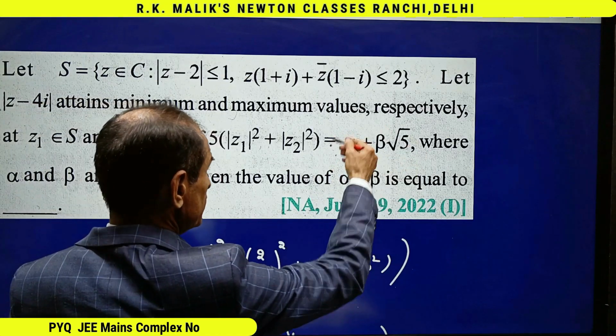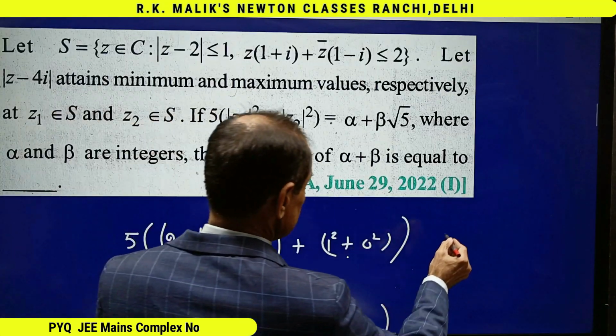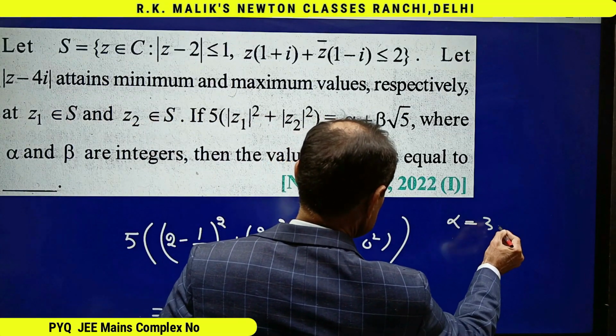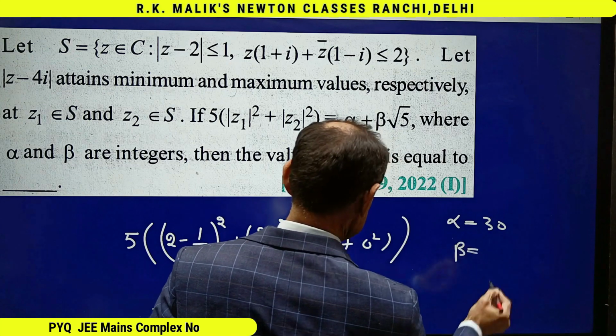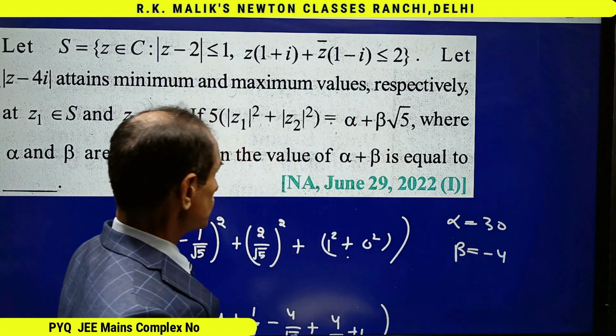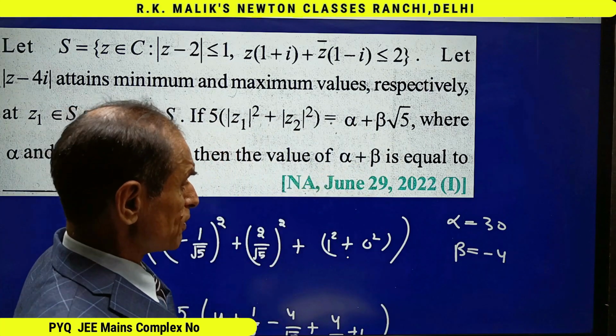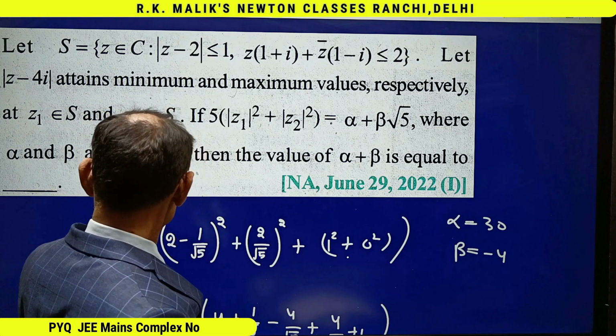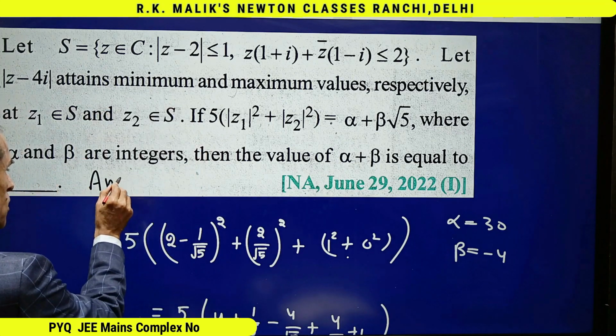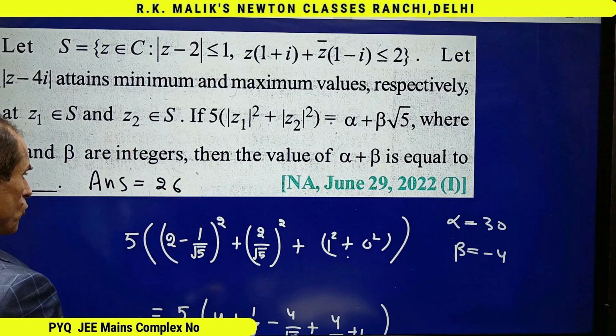And comparing with right hand side, I can say alpha equal to 30 and beta equal to minus 4. Hence the value of alpha plus beta becomes 26. Therefore the answer is 26.